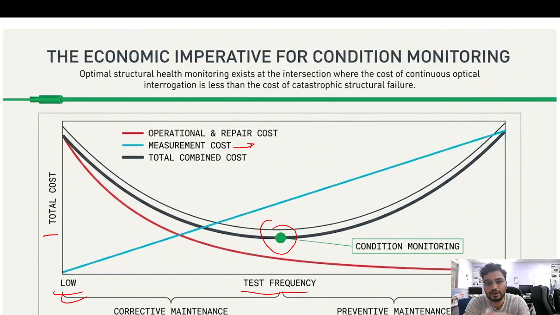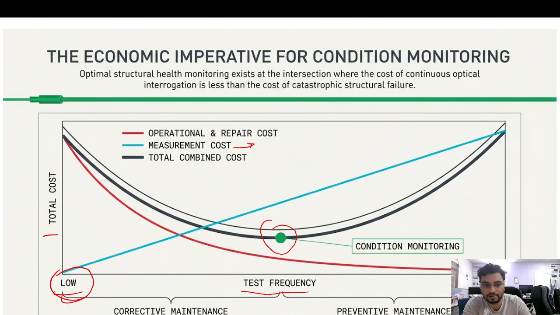So, the economic imperative for condition monitoring. If you go from low frequency to high frequency, the operational or repair costs will drastically decrease. You can see that repair cost drastically decreases. Why? Because we will get the proper analysis or proper diagnosis for what we need to treat.